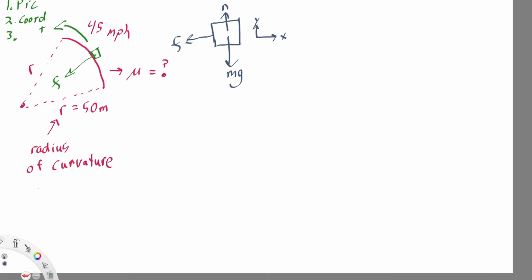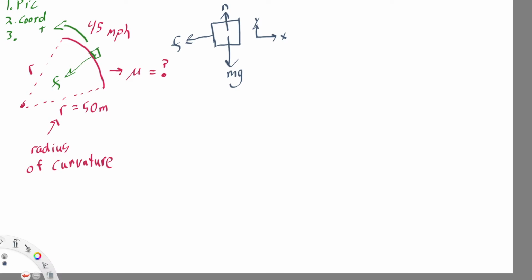Wait, no. So what's the friction that we're considering here? Because to me it looks like centripetal force. Well, centripetal force is not a force that's acting on your car. It's a force that your car is required to provide in order to stay on the circular path.